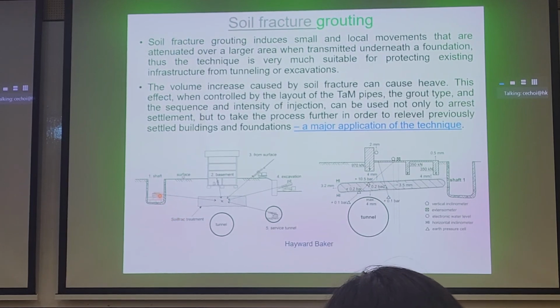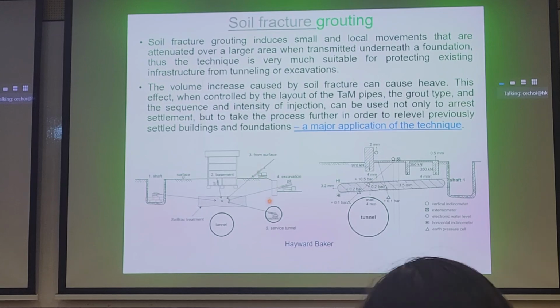Now, if you want to do horizontal grouting, right here, this is sort of like the grout beam that I talked about. So we keep on injecting grout in the ground until we form some sort of composite soil beam. What's the purpose of the soil beam? Well, you have a building on top here, and before we carry out the tunneling work underneath, we put a grout beam here so that it stiffens the ground substantially.